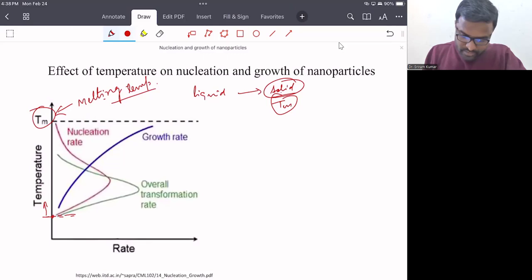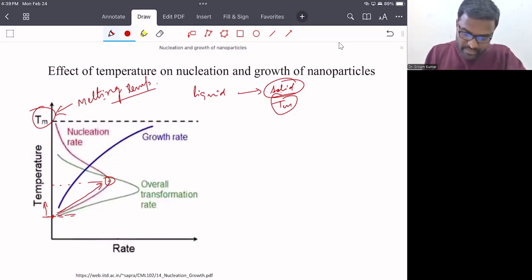The reaction is slow at first, so there is an increase in the nucleation process, and at a particular temperature you have the maximum nucleation rate.